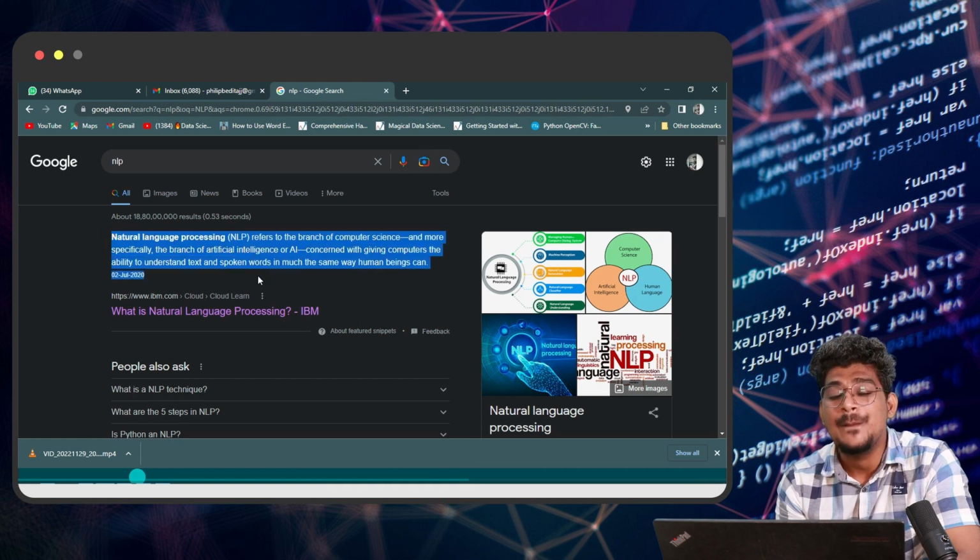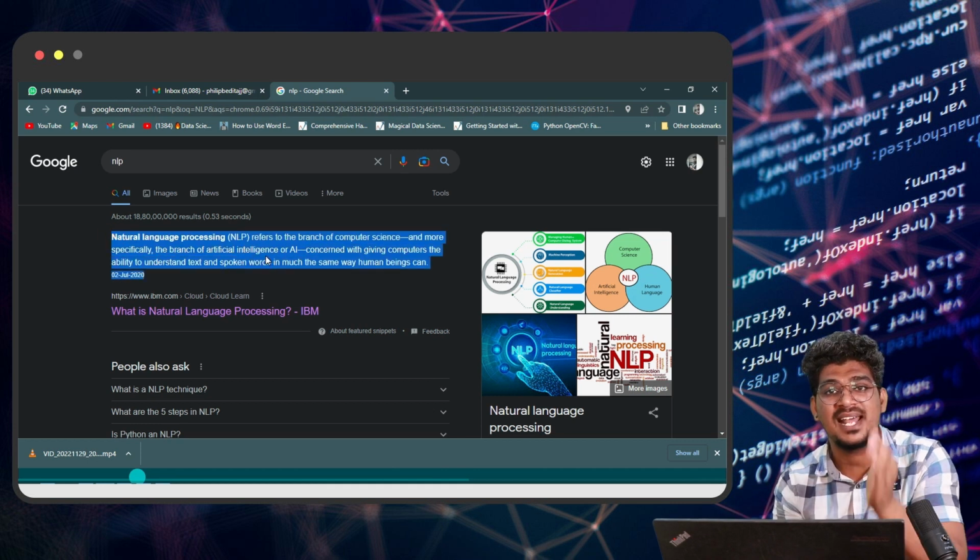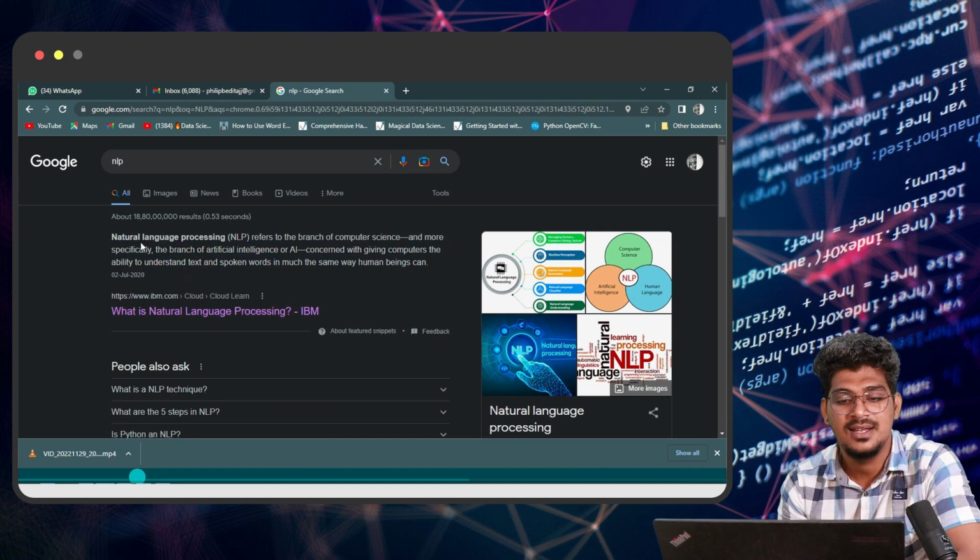Now we are going to split the paragraph into sentences. For example, NLP refers to the branch of computer science, and more specifically the branch of artificial intelligence. Okay, this is the paragraph.